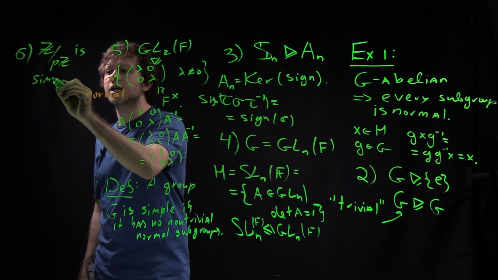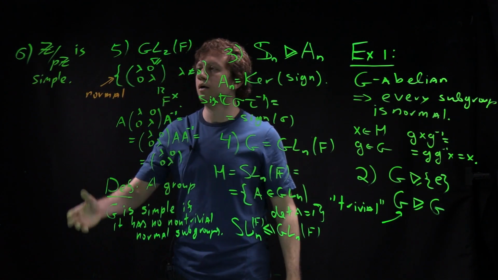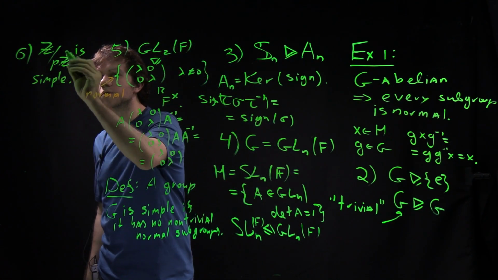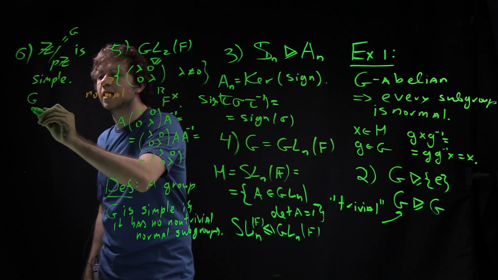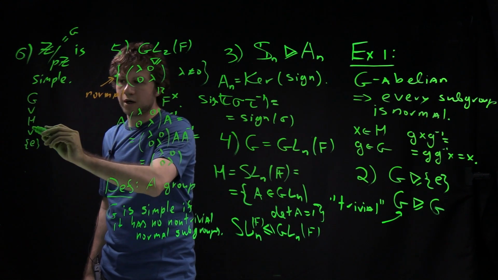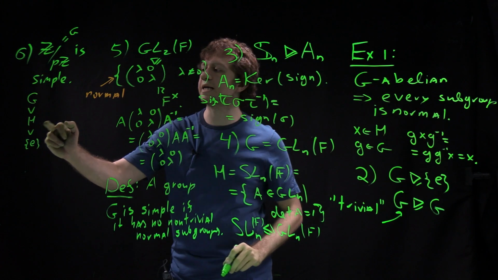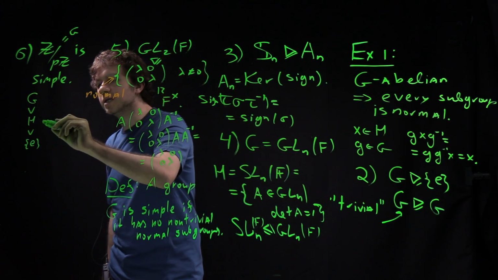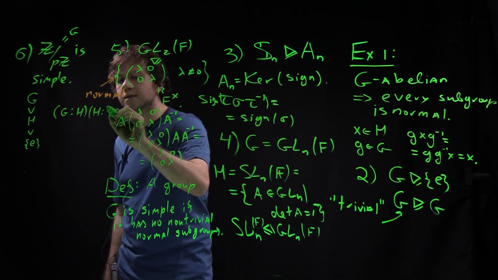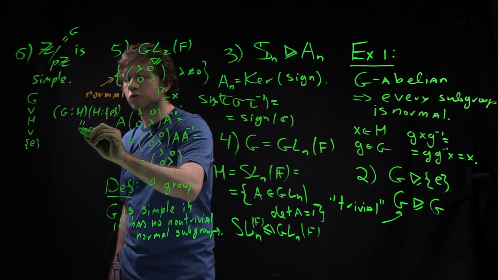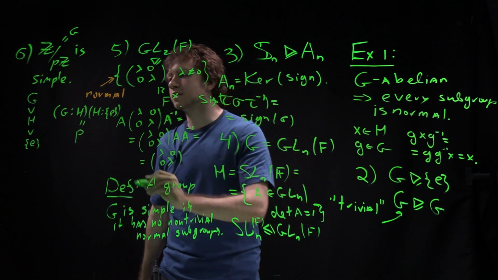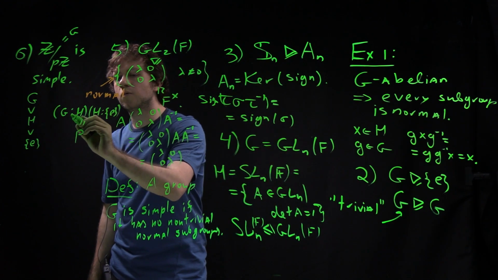This is just the statement that, let's call it G, imagine it has some strict subgroup H, not the identity. Then we can do this thing with indices: the index of H in G times the index of the identity in H is equal to the prime number, which is the order of G. So either this equals p and this equals 1, or the other way around.